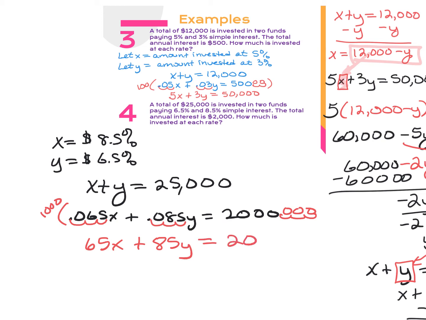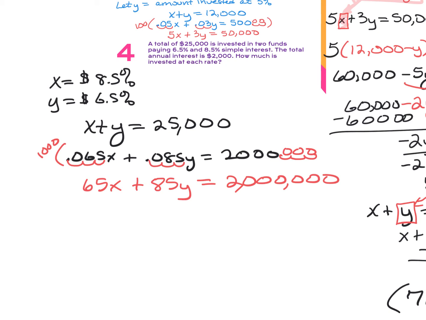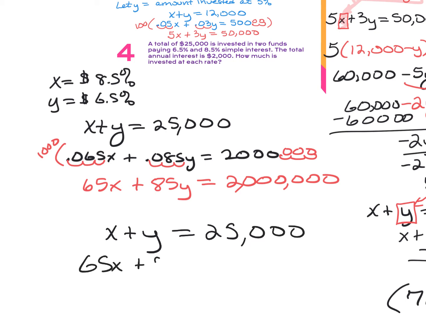And 1, 2, 3, 2 million. So now, my two equations are x plus y equals 25,000, and 65x plus 85y equals 2 million.